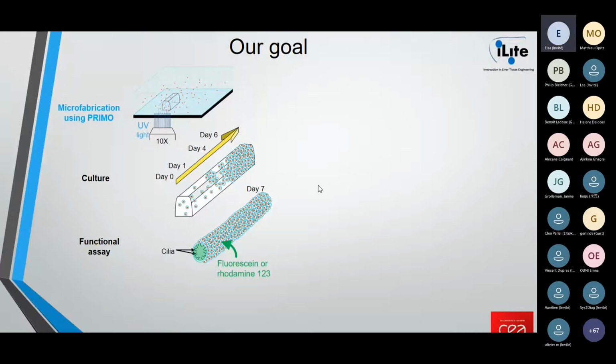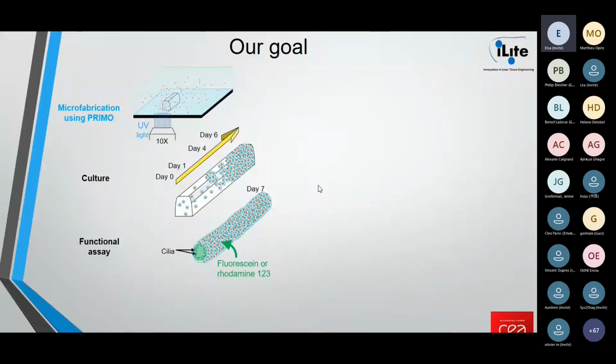Finally, what we want to prove is that after culture we get biliary cells that are able to organize and be functional within tubular structures at the intrahepatic scale.